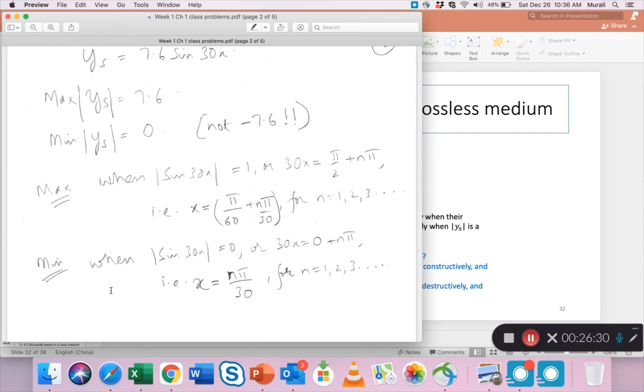Similarly, the minimum is when sine 30x equals 0. So 30x equals 0 plus n pi, so x equals n pi by 30 for n equals 1, 2, 3 and so on.